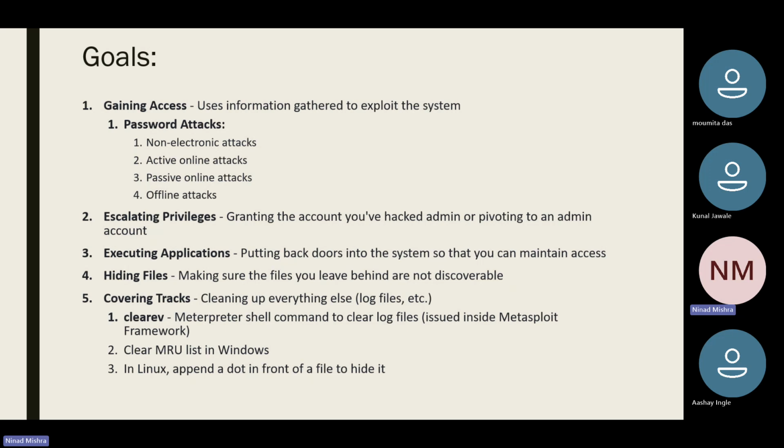So for that he will install a backdoor, and he'll do this by executing some malware or rootkits, so that whenever he logs into the system again, it doesn't have to be temporary. He wants it to be permanent. It should not happen that when he logs off, his access is gone and he has to perform all the steps again. He wants to maintain that access, so he'll perform some application installation, which includes backdoors.